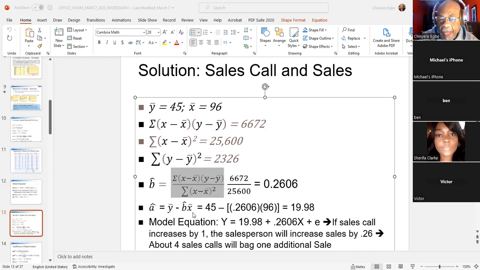Okay, and then you multiply them. So how do you get that number? All right, and then the formula for A hat is y bar minus B hat times x bar. That is the formula for A hat.